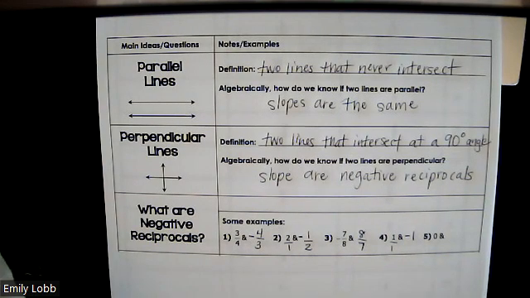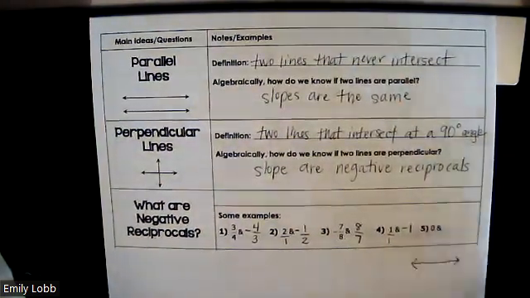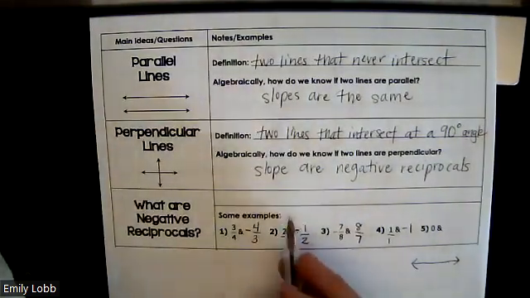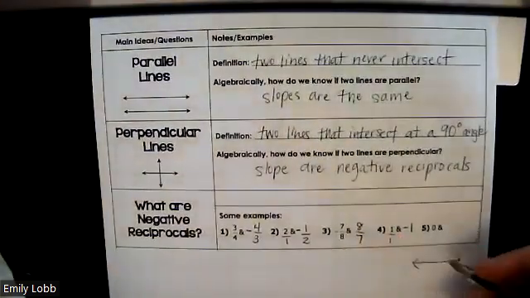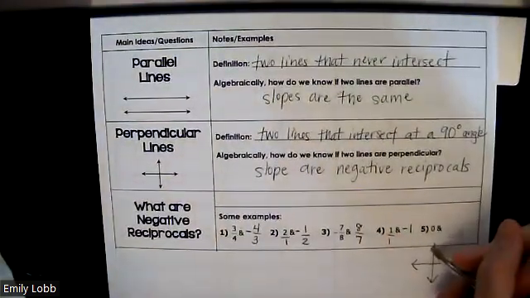Oh, here's a good example. What about 0? What do you know about the graph of a line with a slope of 0? It's zero fun, right? It's horizontal. So if this is 0 and we're thinking that negative reciprocals are perpendicular, what would the slope of this line be?